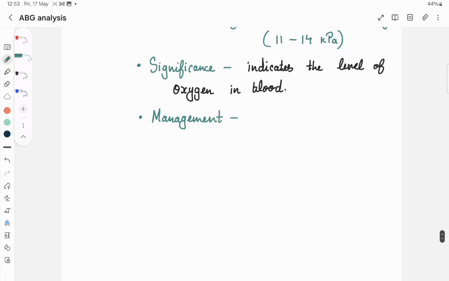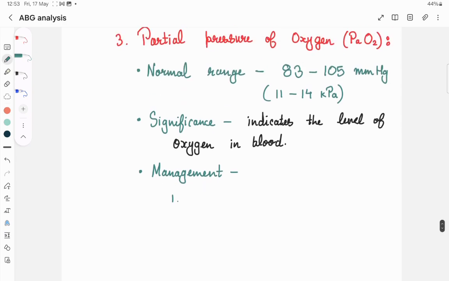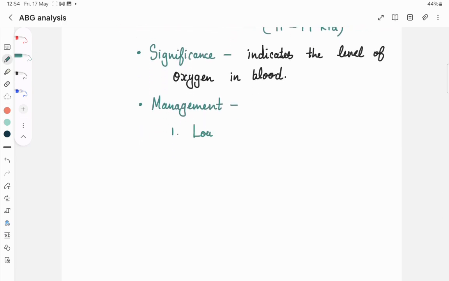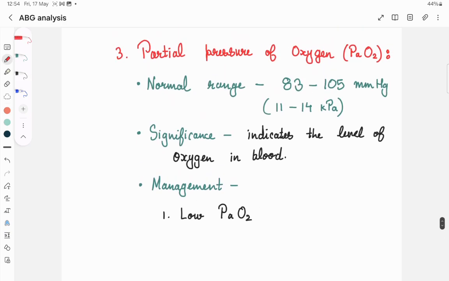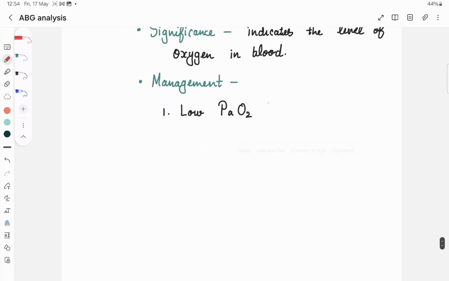So what was the significance of PaCO2? PaCO2 showed the respiratory component's acidity or alkalinity, and PaO2 indicates the level of oxygen in blood. So now management. What is low PaO2?